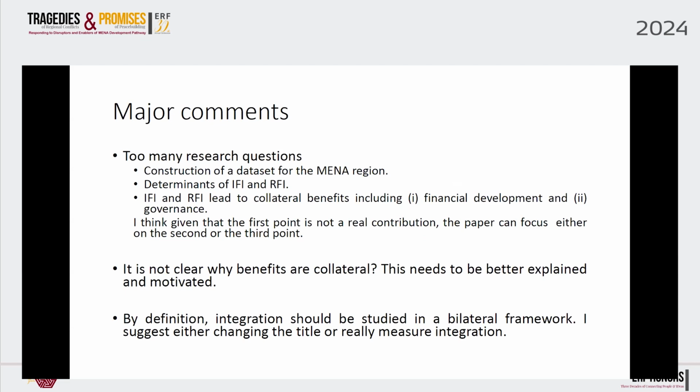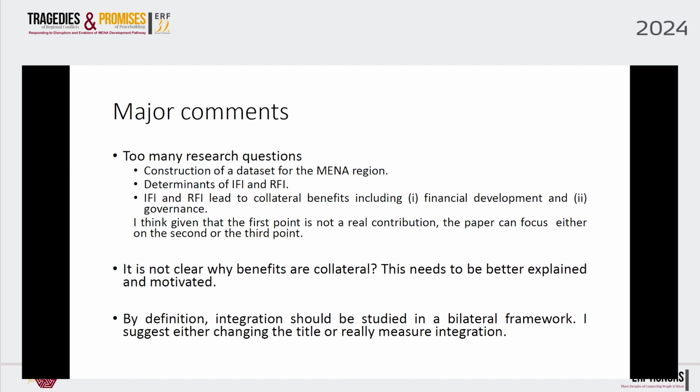And I think, again, those can be divided into two main papers. One on the determinants, where you really explore the determinants of RFI and IFI in a very robust way. And in another paper, the implications of that on governance, and in a third paper, the effect of that on financial development. Why? Because the theory behind and the literature, as well as the identification strategies that you might want to use, will be really different.